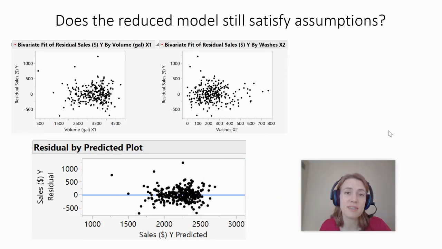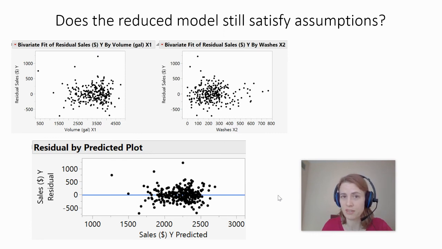All right, so if you did decide to go with the model on the right, it's a new model, so you'd have to recheck those assumptions just to make sure that taking out the price of gas didn't cause any weird patterns to appear in your residual plots. So looking at the residuals against each x that's remaining, no weird curved patterns, no curved patterns on the residual by predicted plot, and no funnel shapes either.